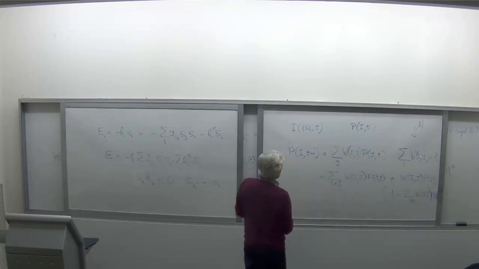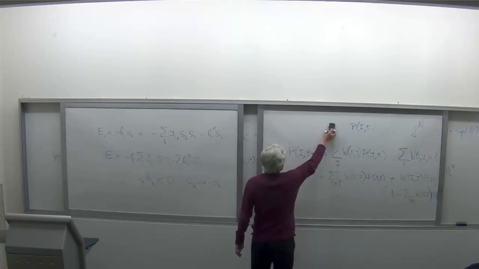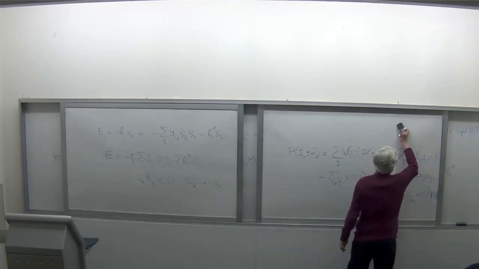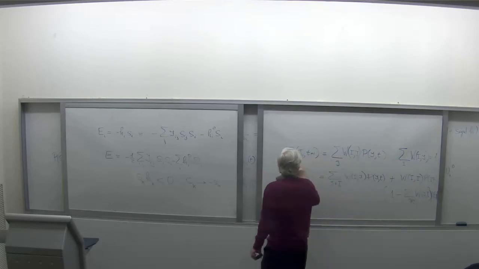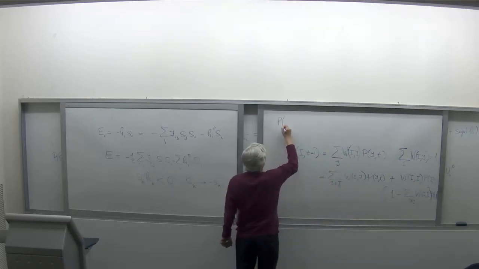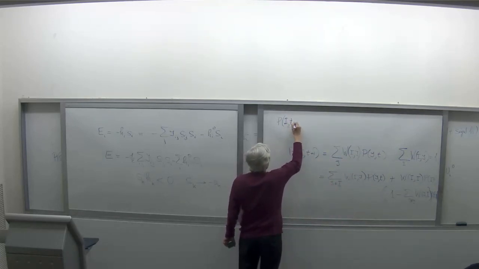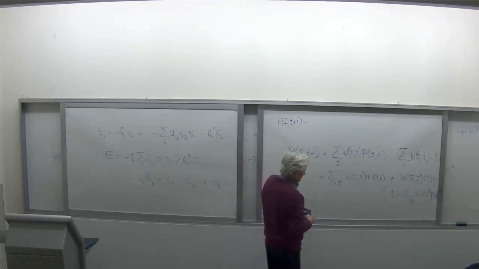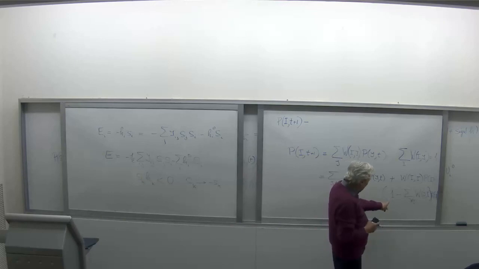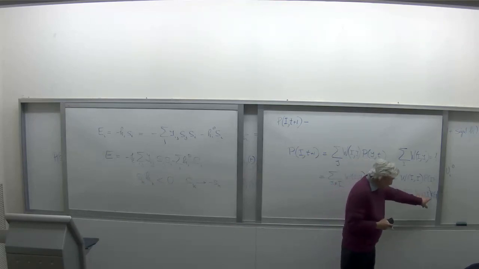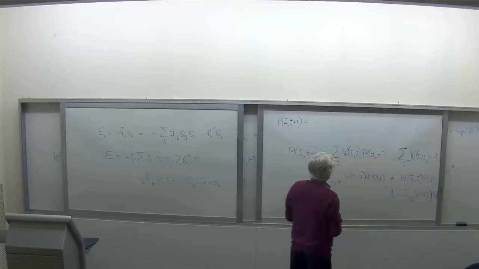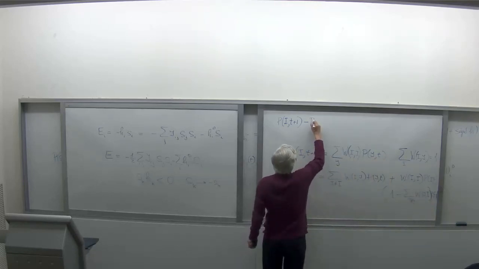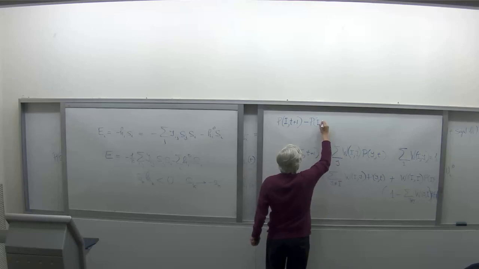Let me take this last step here, and then we interpret what we got. We have P_i(t) plus 1 times P_i(t) minus P_i(t).